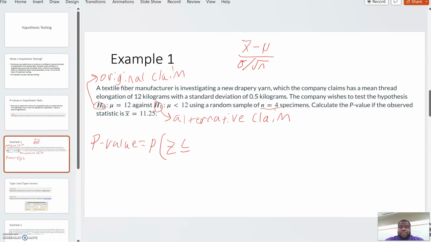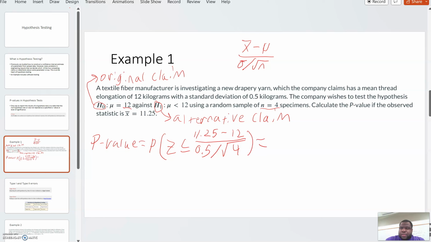So let's fill those in. Our x bar here is 11.25 minus our mean, 12, divided by sigma, being 0.5, divided by the square root of, in our case, 4 for n.